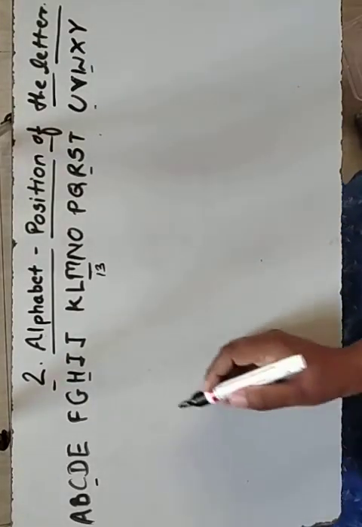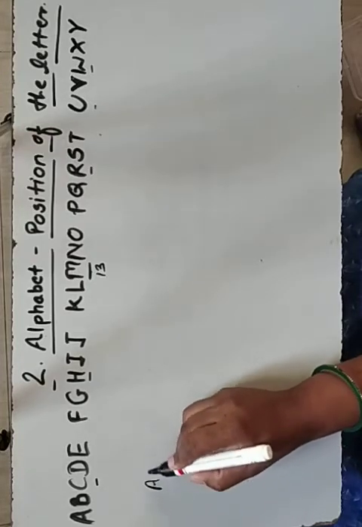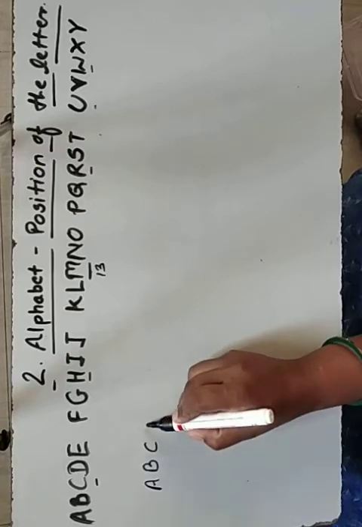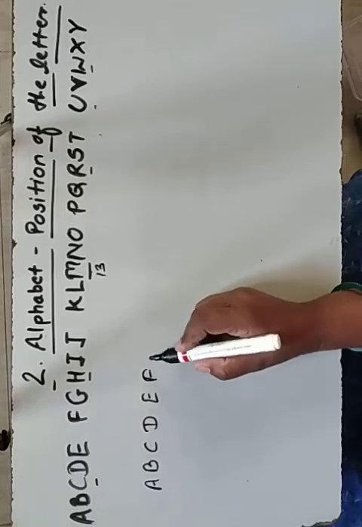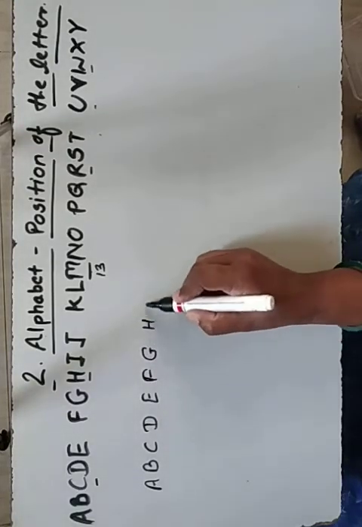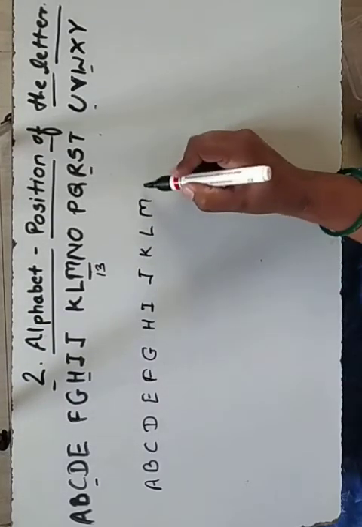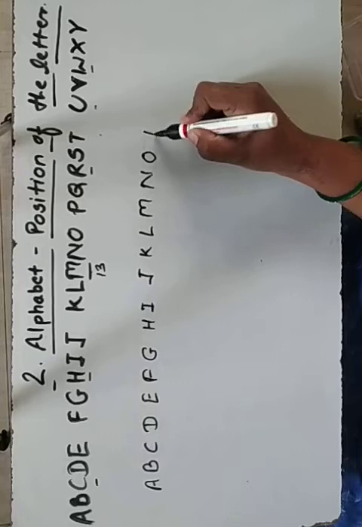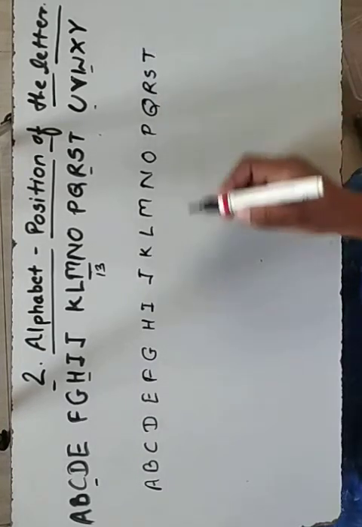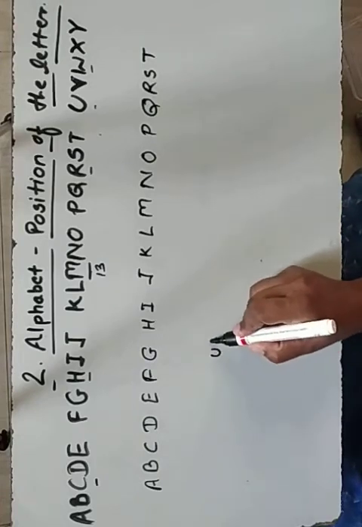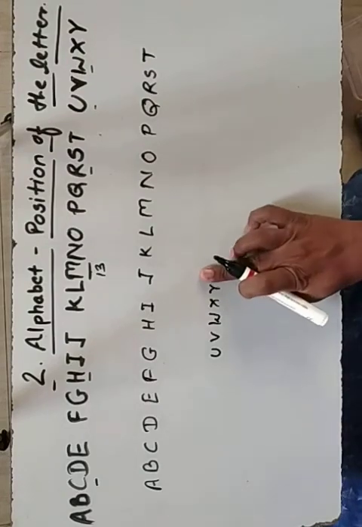Okay, now here I just told you the tricks, and you must know the positions. Suppose ABCD is there. So in this ABCD, A, B, C, D, E, F, G, H, I, J, K, L, M, N, O, P, Q, R, S, T. Okay, and last U, V, W, X, Y, Z. Z we are not taking.